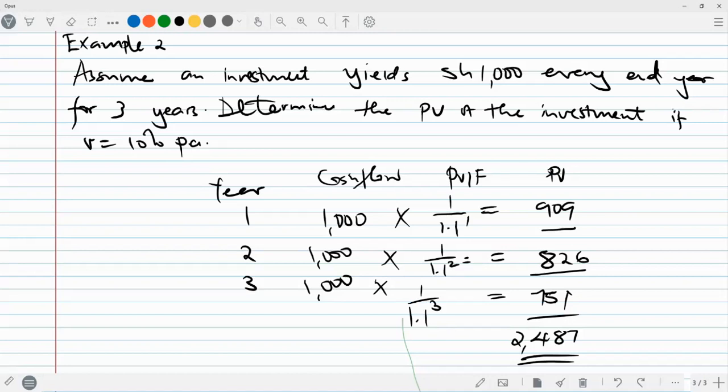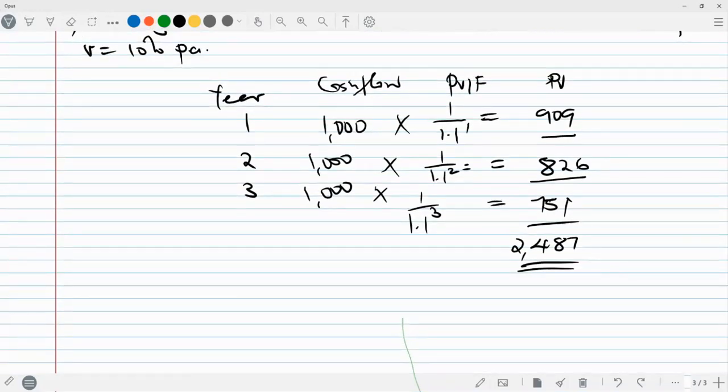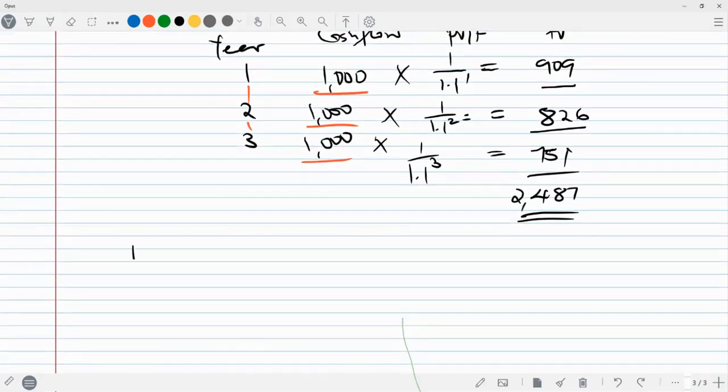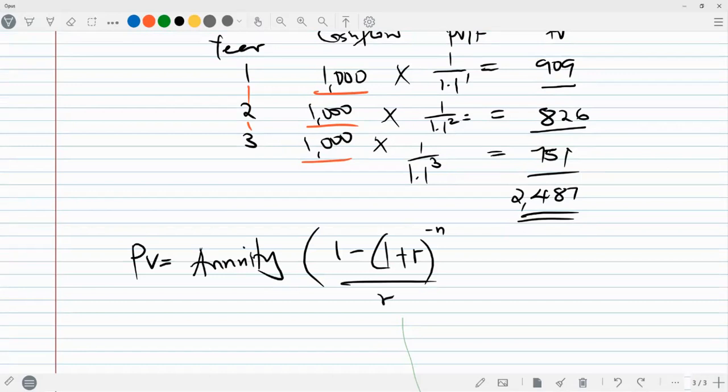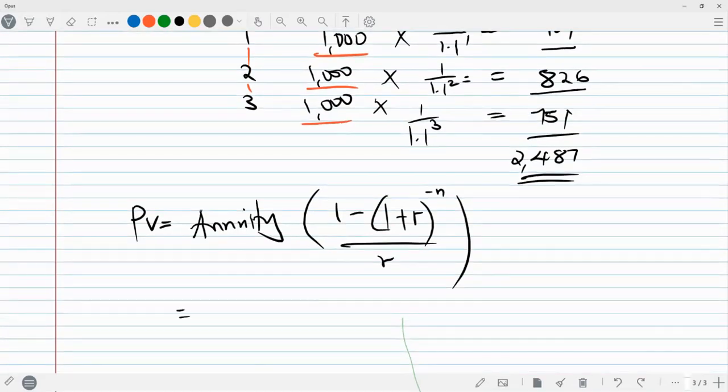Now, in case there are 20 years, you can't do this table. Of course, you need to use a formula. Don't forget, this 1,000 is a constant amount you are receiving every year, and the time difference is 1 year. Therefore, this 1,000 is an annuity. So the present value of the annuity is equal to the annuity, 1,000, times 1 minus 1 plus R to the power of negative n, divided by R. So it will be 1000 times 1 minus 1.1 to the negative 3 for the 3 years, divided by 0.1.